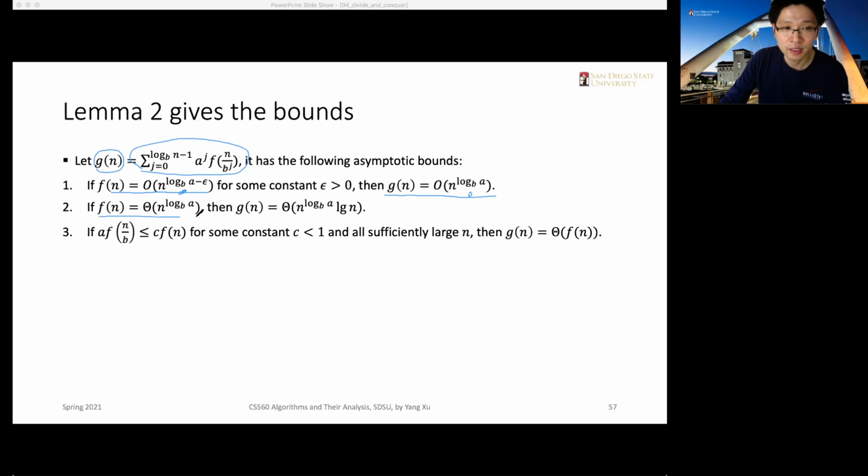If f of n and the polynomial term grow at the same speed, then g of n is the polynomial term times the logarithm term. And in case 3, if this regularity condition is satisfied for some constants, then g of n is bounded by f of n. So it's basically the same condition as the Master Theorem.